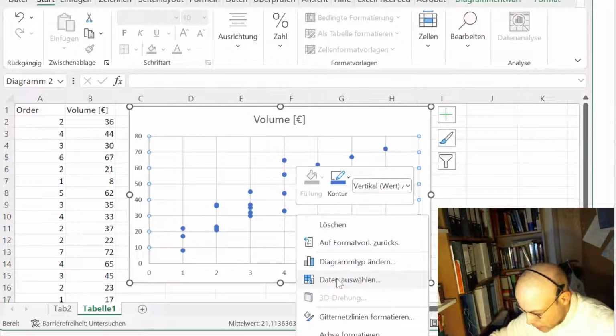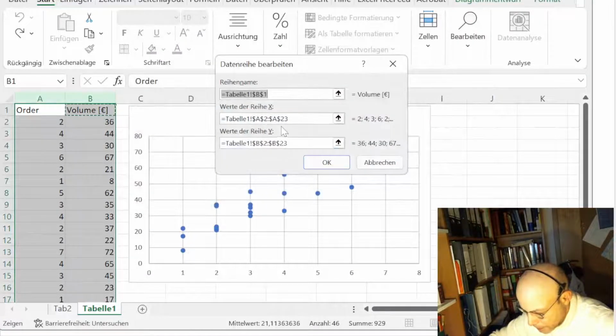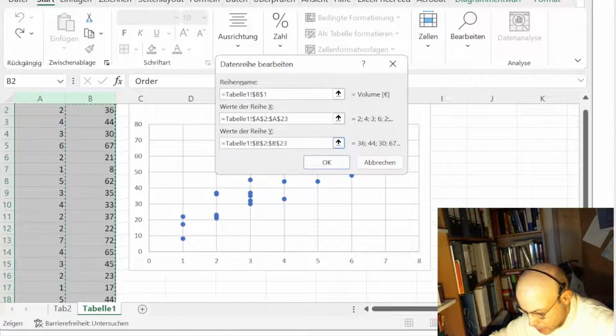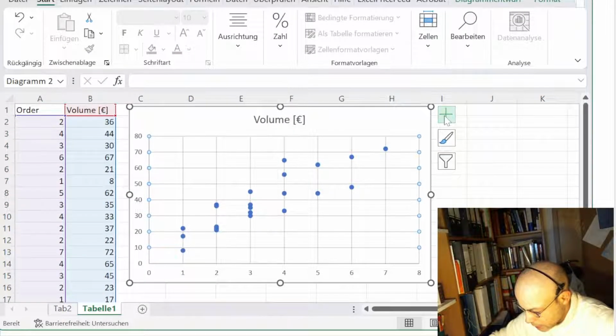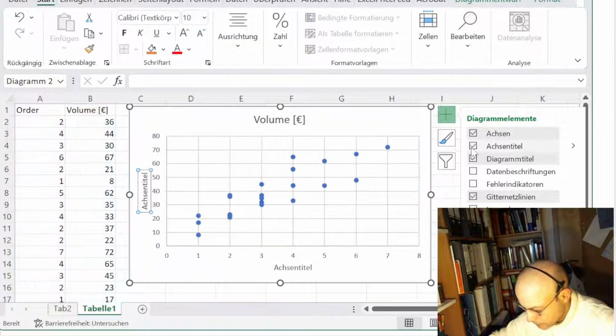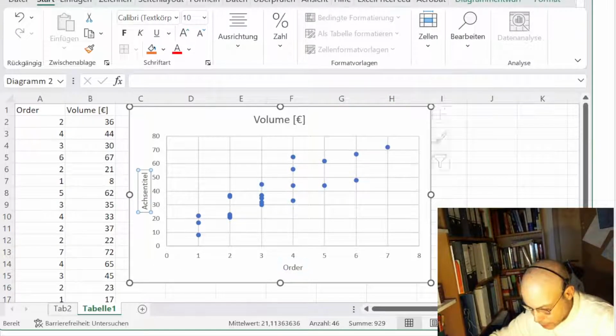So, which one is X and Y? Then we see A, order, is on the vertical axis and B is on the horizontal axis. This is okay. And so we have order and volume.